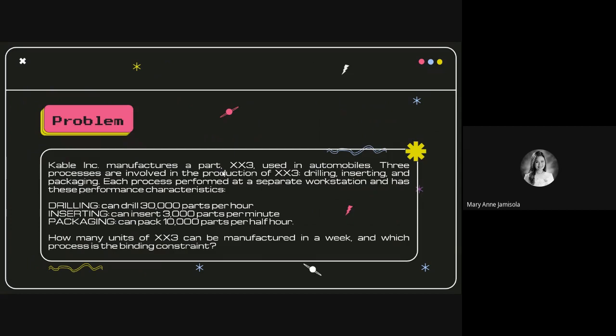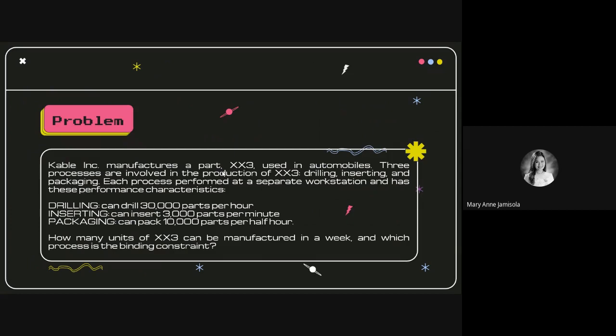Okay. So again, step one is to identify the binding constraint. So here, the packaging function is the constraint. Why? Because it can only pack 20,000 parts per hour. If you convert this 10,000 parts per half hour, in an hour you can only pack 20,000 parts.